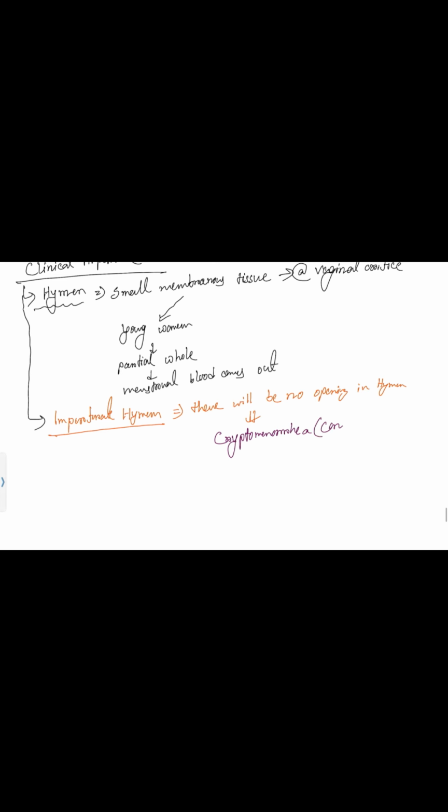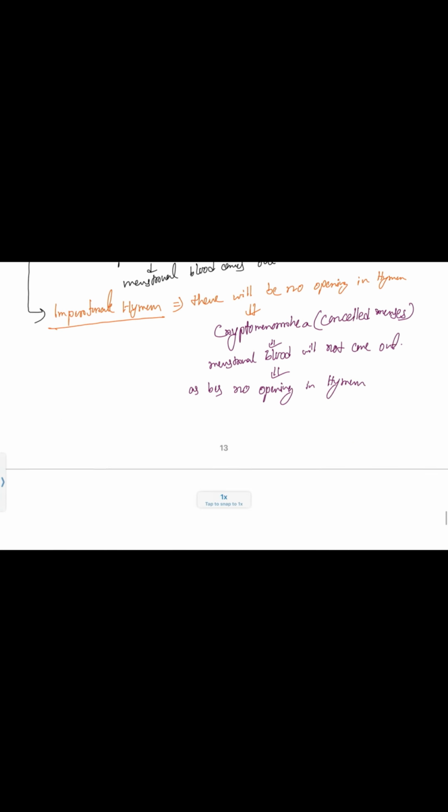Cryptomenorrhea means concealed menses. What is the meaning? That means menstrual blood will not come out because there is no opening in the hymen. So that is one clinical importance.